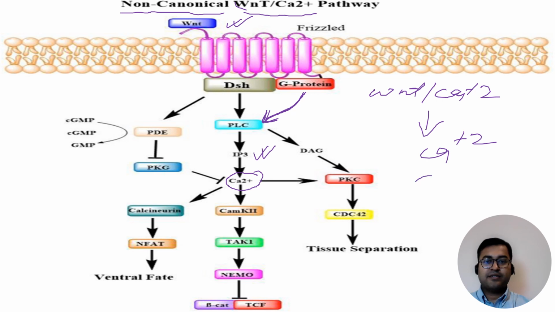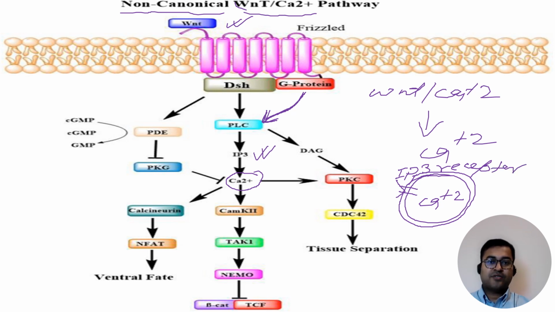The way it acts is, calcium molecules are generally stored in vesicular structures inside the cytoplasm. Now these vesicular structures have the IP3 receptor. IP3 is going to bind to this IP3 receptor and mediate the release of calcium outside this vesicular structure, and that is how it works.